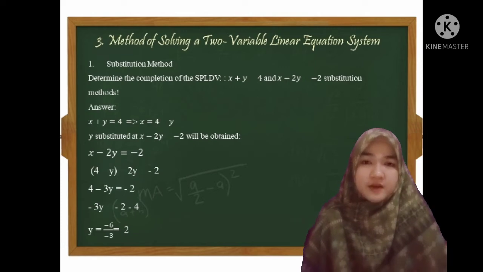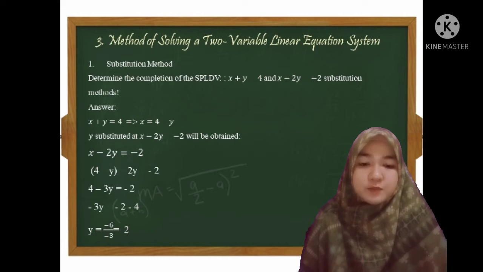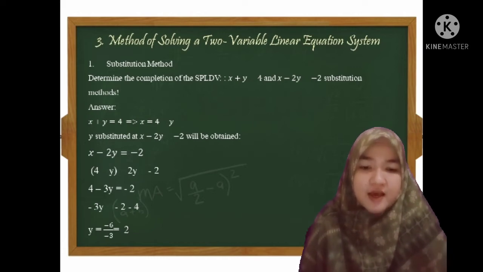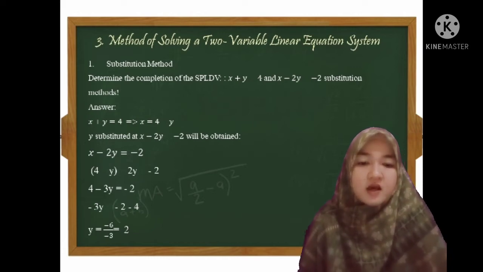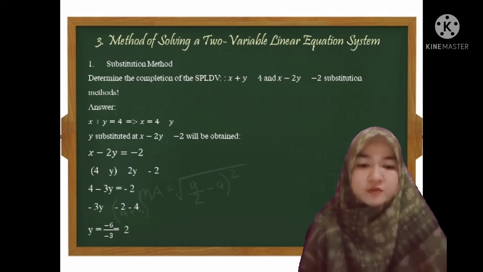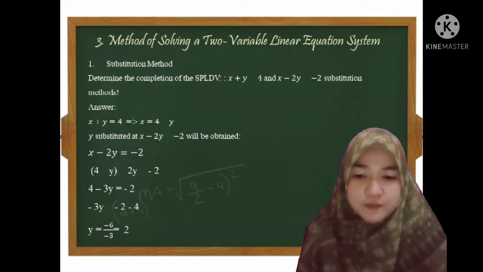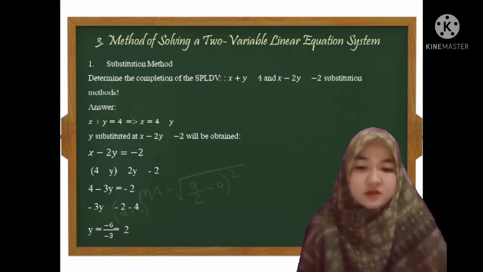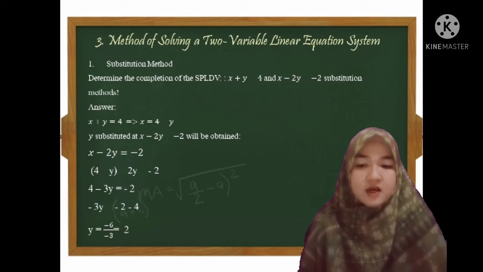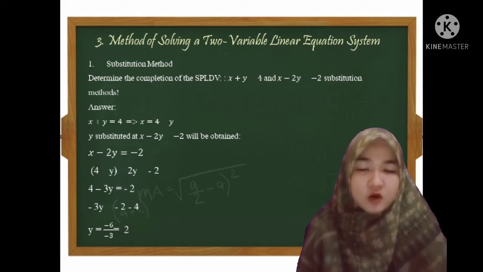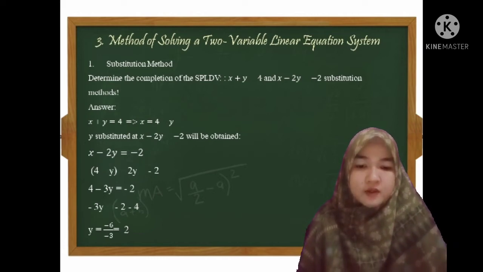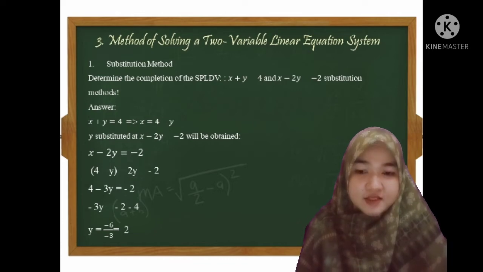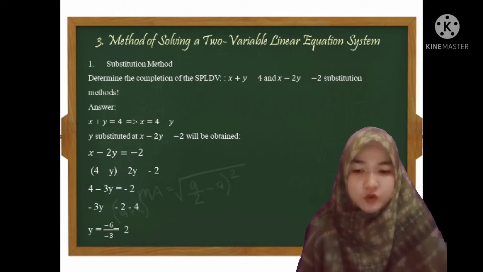Determine the solution of the SPLDV x plus y equals 4 and x minus 2y equals minus 2. Substitution method answer: x plus y equals 4 becomes x equals 4 minus y. Substitute into x minus 2y equals minus 2, and we obtain 4 minus y in brackets minus 2y equals minus 2.